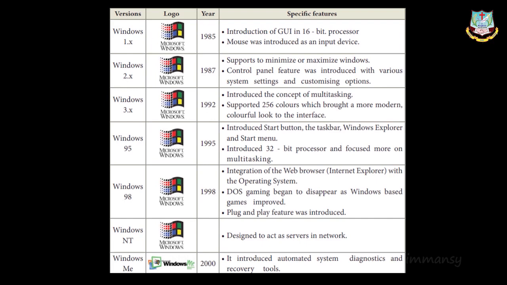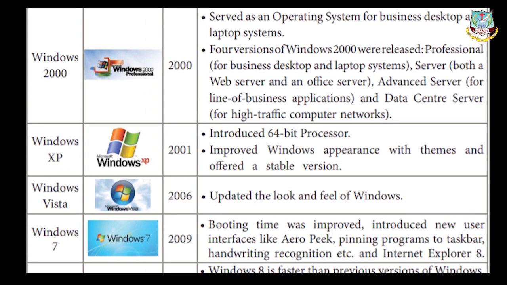Okay, next one is Windows 2000. This also came in the year 2000. This served as an operating system for business desktop and laptop systems. Okay, 4 versions of Windows were released in this year. Professional for business and for desktop and laptop systems. Server, both a web server and an office server, right? And advanced server for a line of business applications.